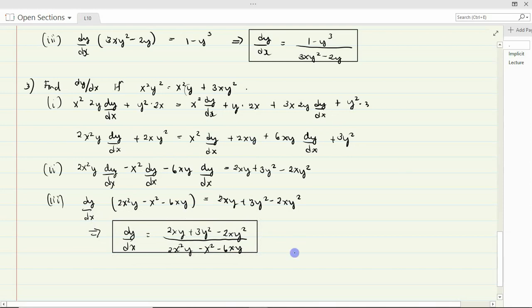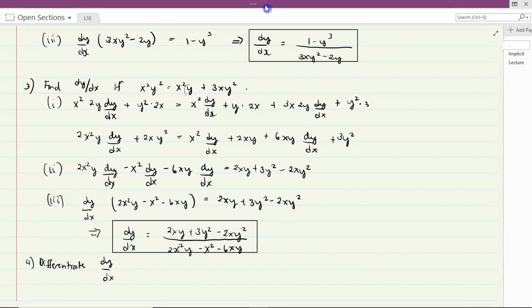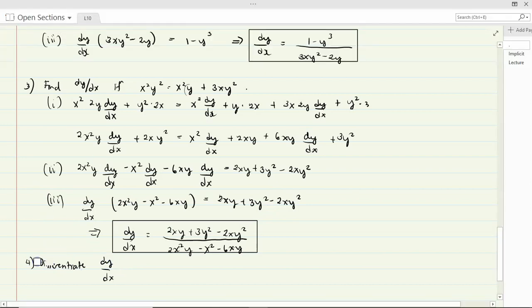Alright, let's have our final example for implicit differentiation. Number 4. Find dy dx.